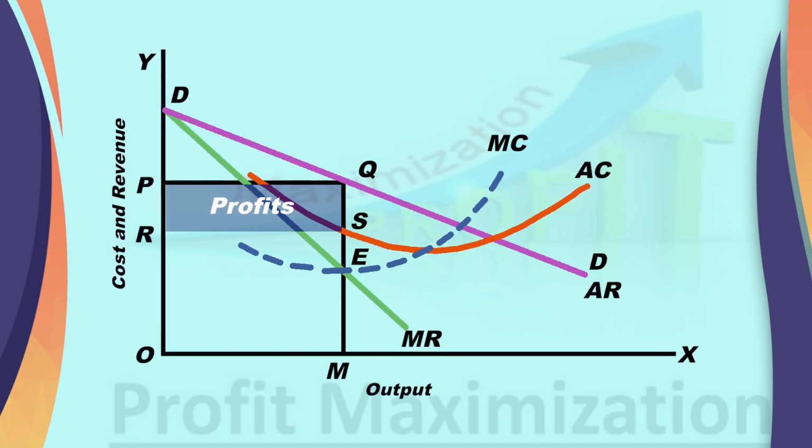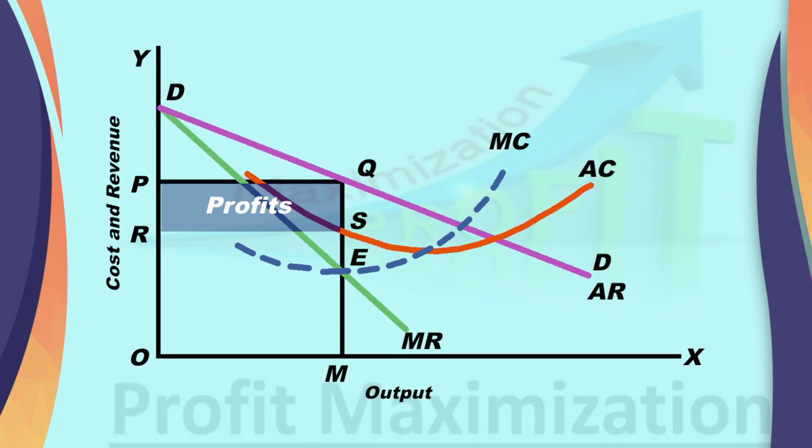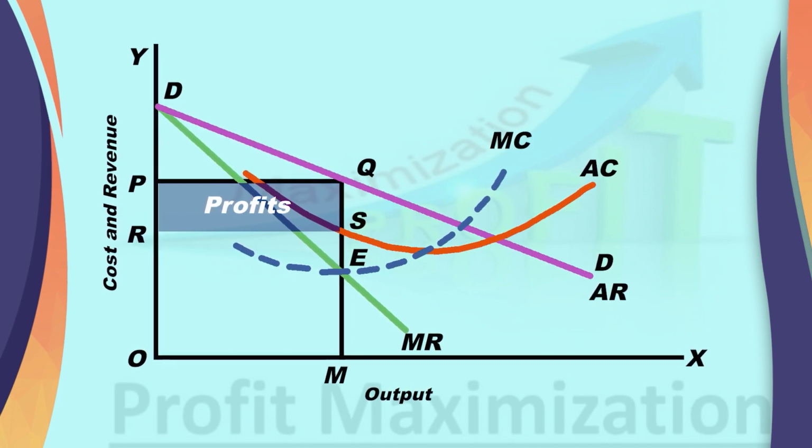But the price charged will be based on the demand curve. So if we pull up the line which we draw at MR equals MC all the way up to the average revenue curve, that is the price that will be charged. This creates a wedge between price and marginal cost, indicating that the firm is not producing the socially optimal level of output.